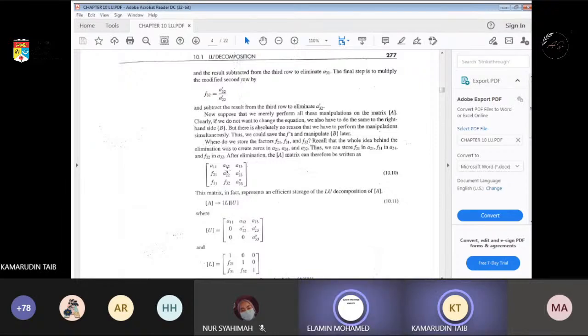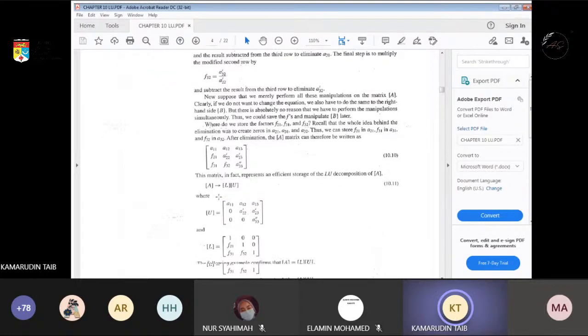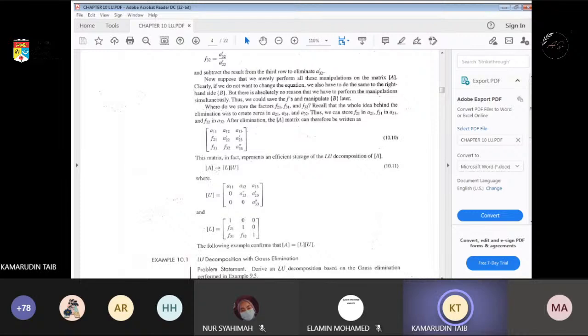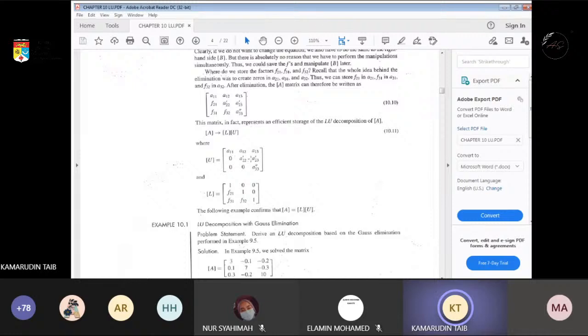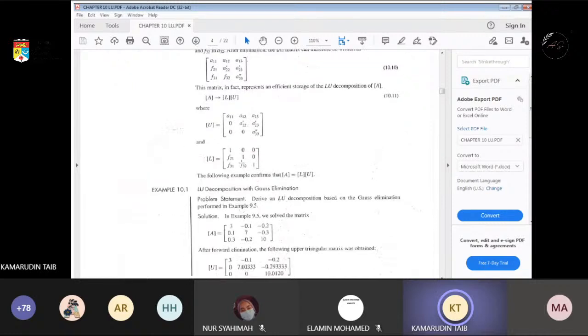We actually utilize the space temporarily without having to store two matrices, just one matrix is being focused for storage. So it represents an efficient storage of the LU decomposition of A. So A, we decompose it into L multiplied by U, where U is the upper triangular matrix and L is the lower triangular matrix in this form.